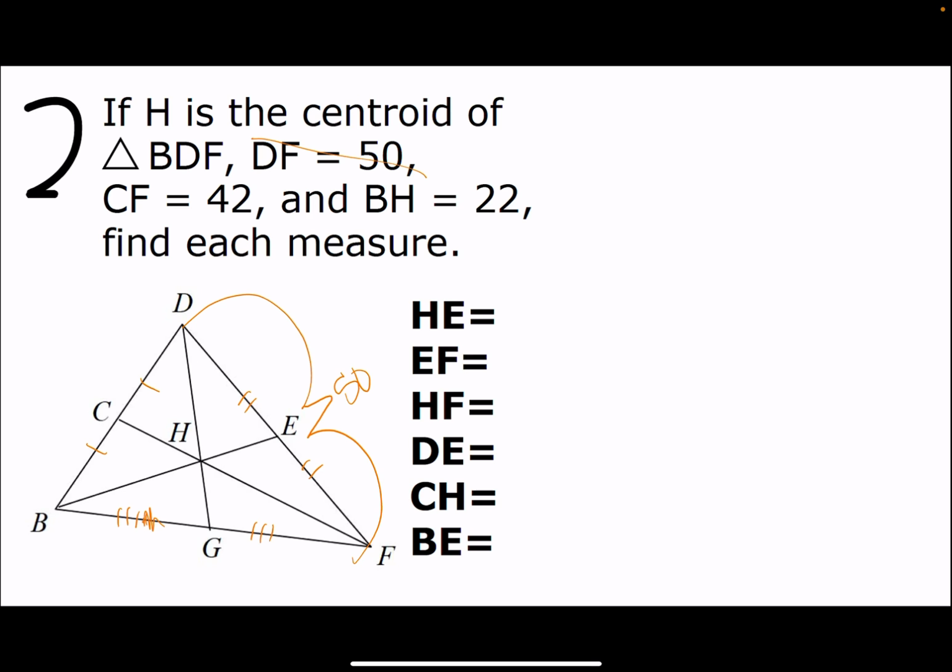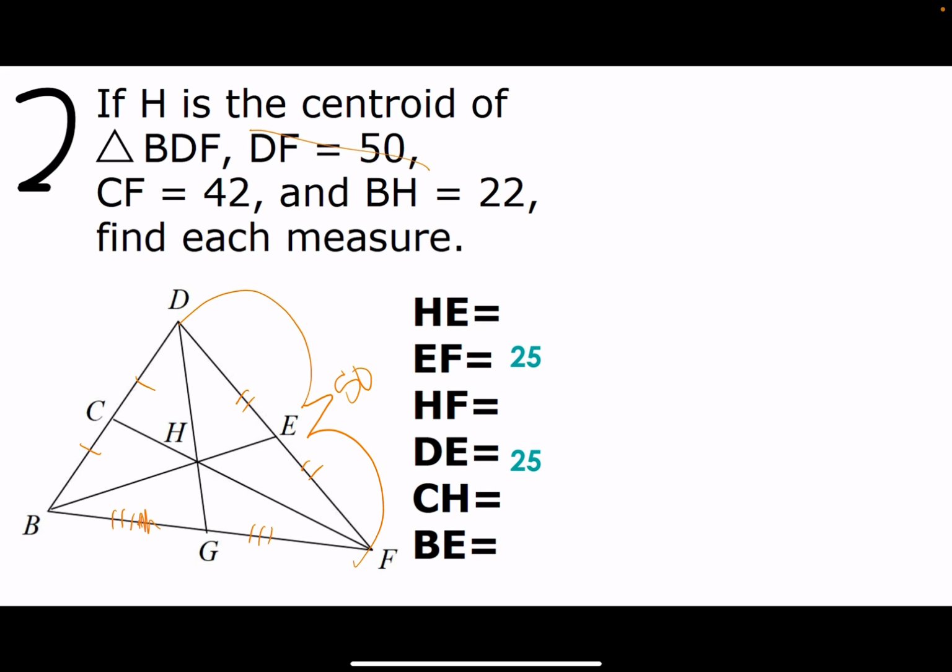Well, that means DE and EF are going to be 25 apiece. CF is 42. Well, that means CH will be half of that. So it'll be 21.